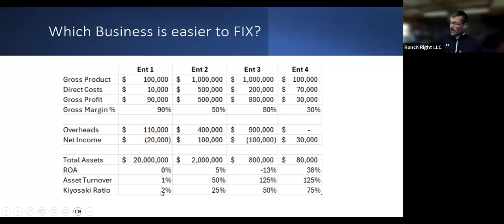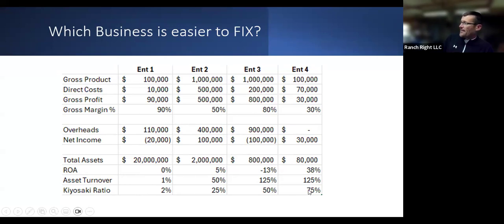My first thought is that, man, if I could make that 20%, this would be a very different operation. Suddenly my $110,000 in overheads would not be an issue. I'm not saying that the overheads are going to stay at 110 if I change that tenfold, but they might.